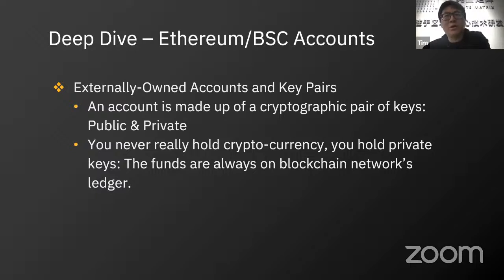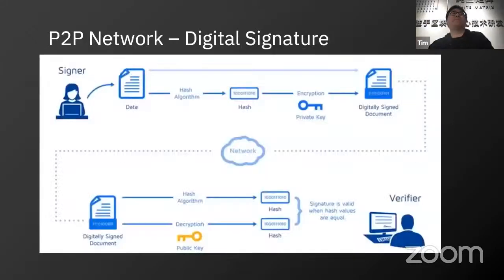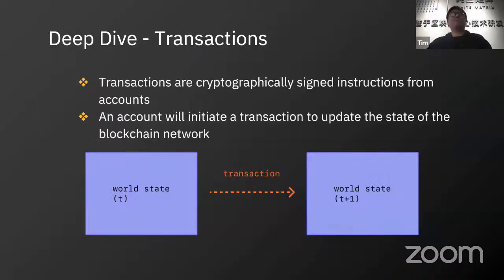The funds are always on the blockchain network ledger, and you can use your private key to manage your assets and funds. So this is basically how it works. As I just said, the transaction is encrypted by a private key and then validated by the public key.